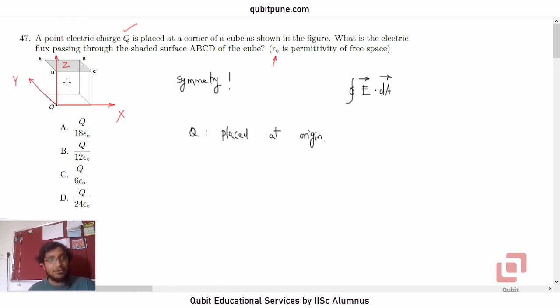So you notice that the given cube will entirely lie in the first octant.